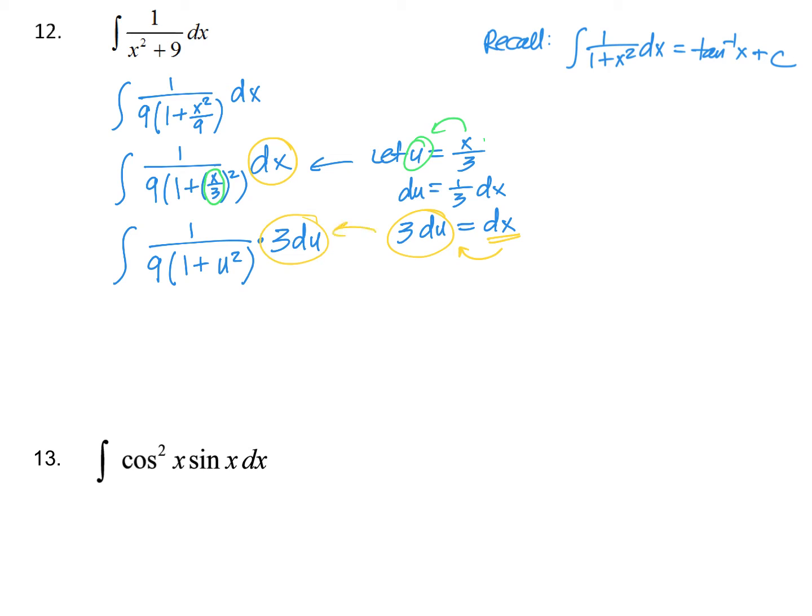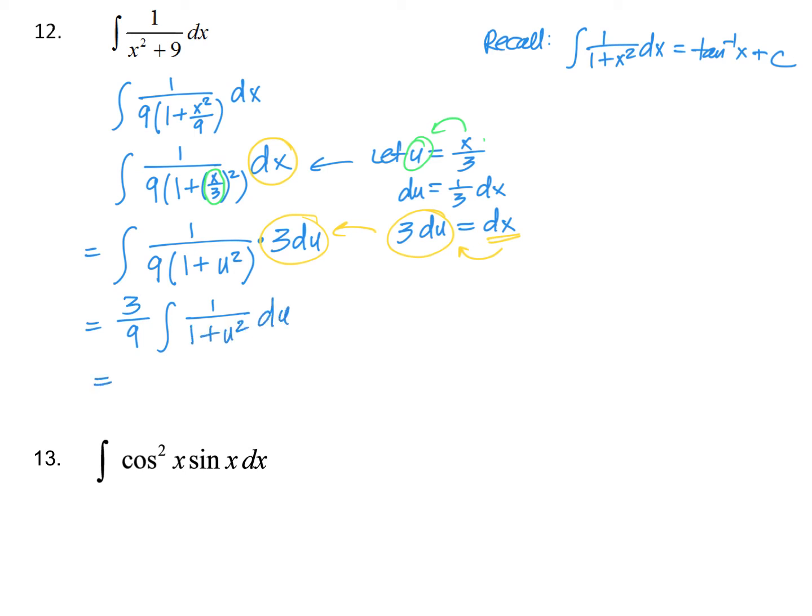Now, the 1/9 I can just take on the outside. And so I have 1 over, and there's a 3 too. So let me erase this 1 over here and put a 3 over here. And then this is 1 plus u squared down here.